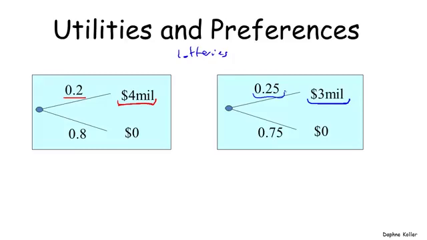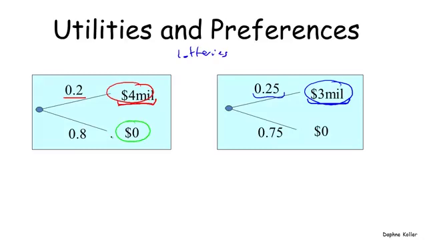It turns out that the way to formalize the decision-making process of an agent in this type of scenario is by ascribing a numerical utility to these different outcomes: to the outcome of 4 million, to the outcome 3 million, and to the outcome of $0. And then we can use the principle of maximum expected utility to decide between these two different lotteries.